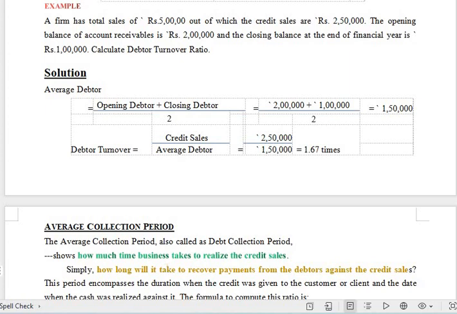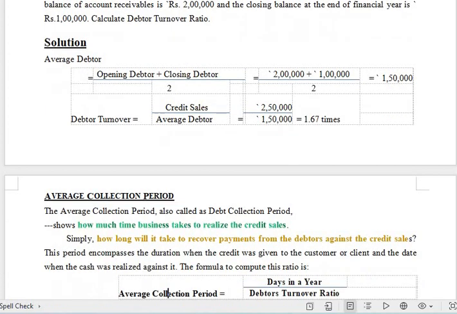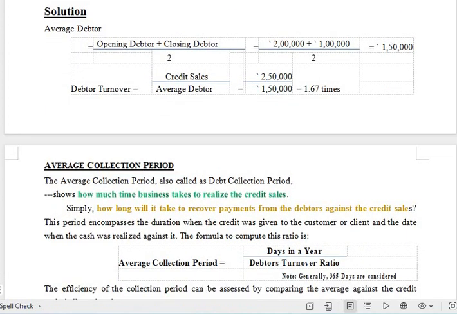The average collection period you can compute either in days or months. To compute this, the formula is days or months in a year divided by debtor turnover ratio.